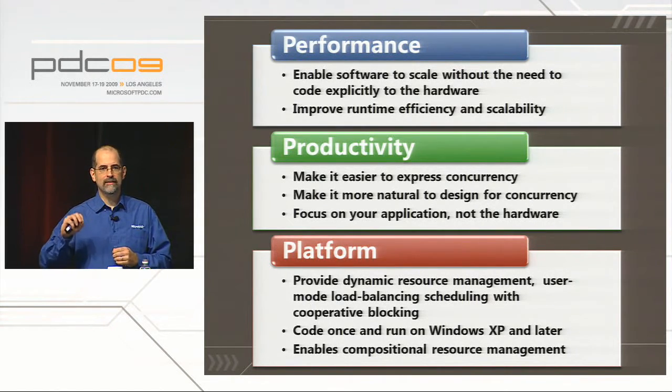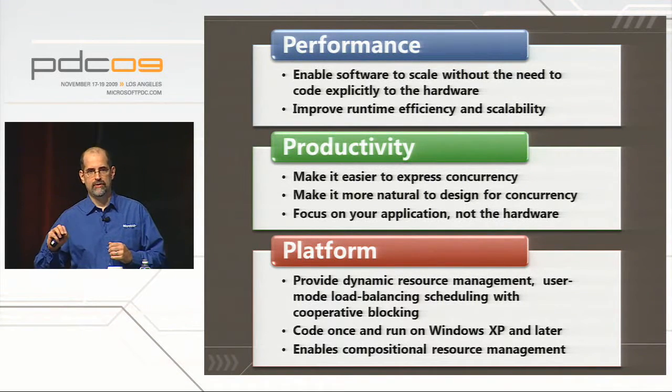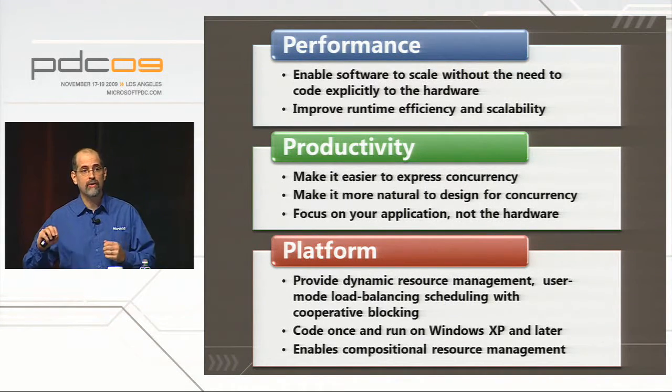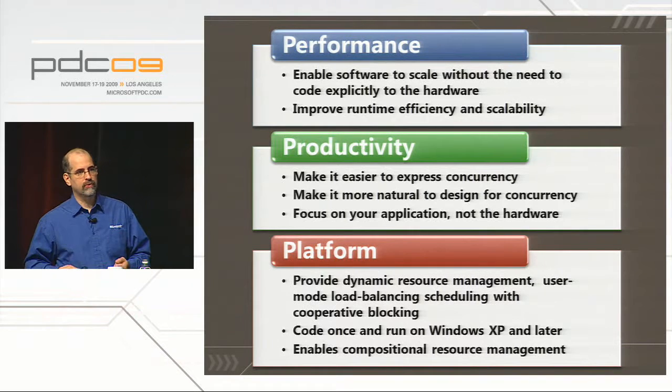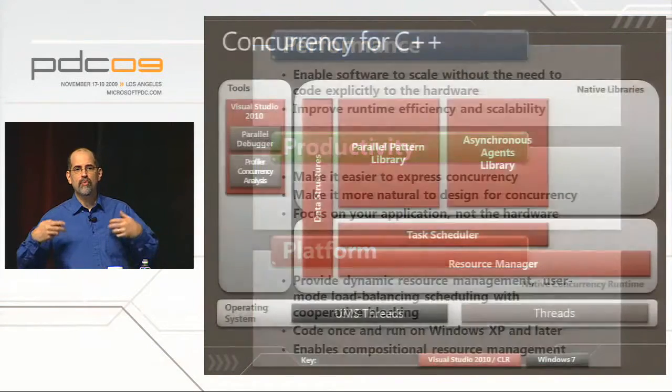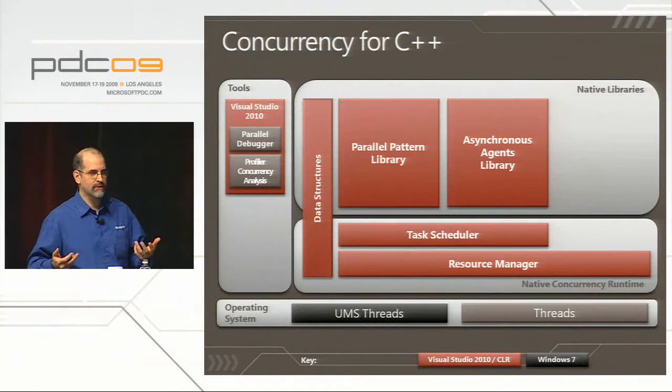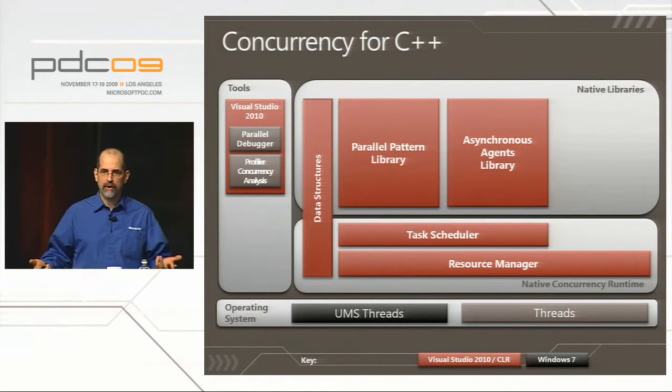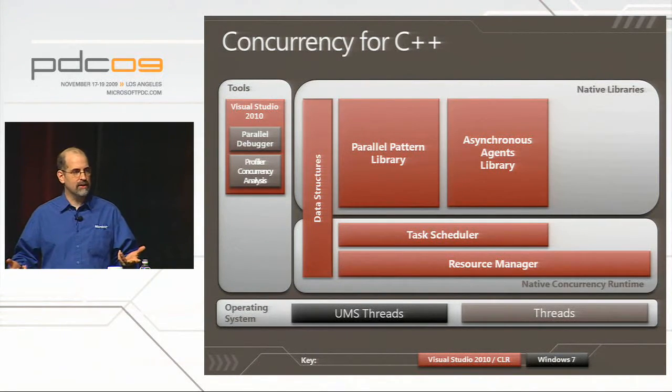In the end, parallelism is not easy. You still have to think about your algorithms. You still have to make algorithms that scale. What I'm giving you is better tools that are easier to use, that are more expressive because they're an abstraction. We do that through the parallel patterns library. We do that through the asynchronous agents library.